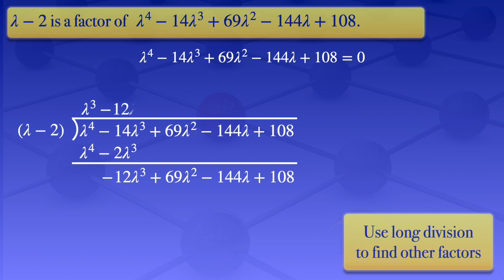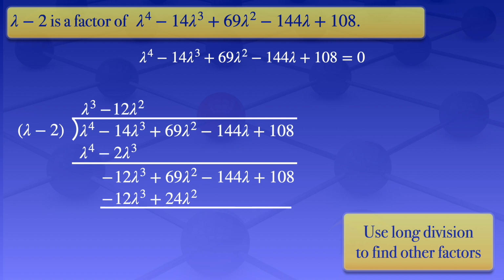So I write on top there minus 12 lambda squared. Multiply the minus 12 lambda squared by lambda minus 2, and we get minus 12 lambda cubed plus 24 lambda squared. Subtract that from above, and we have minus 12 lambda cubed minus 12 lambda cubed gives us a 0.